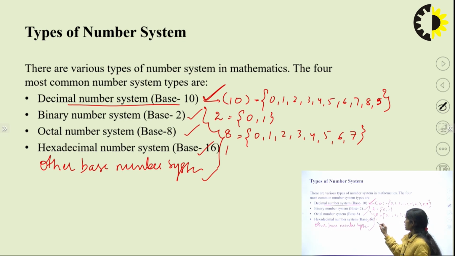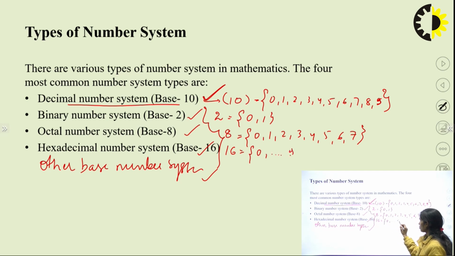Now the next is the hexadecimal number system. Its base is 16. In this case, the digits allowed are from 0 to 15, but the numeric digits are only from 0 to 9. Up to 9, it can be represented by numerical values.